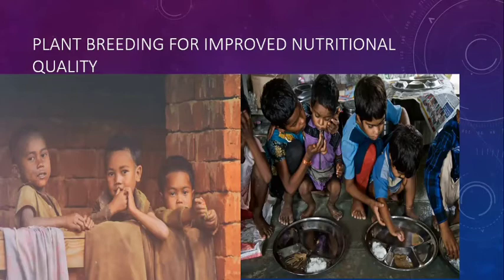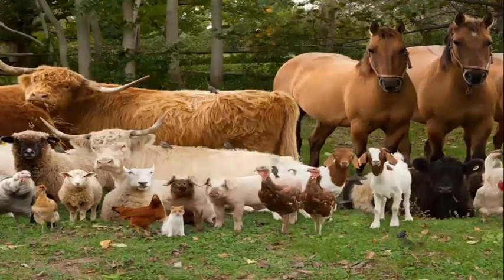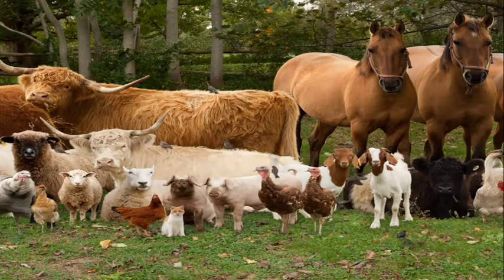Apart from humans, farm animals are also affected by undernutrition and malnutrition. Human and animal health are determined by the nutritional quality of the feed crops.